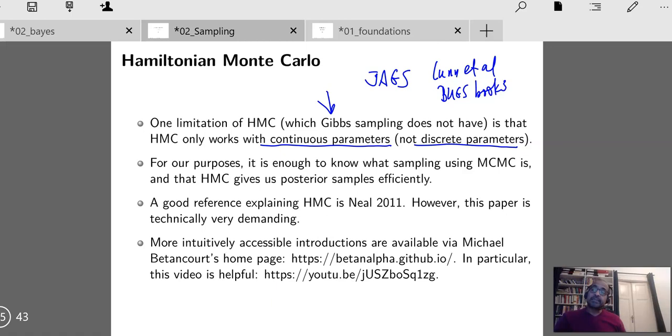But the big advantage with STAN over JAGS and over any kind of Gibbs sampling is that when you have very complex linear mixed models or hierarchical models, you're going to have a lot of parameters that you need to estimate, and Hamiltonian Monte Carlo will get you there much faster and more efficiently than Gibbs samplers. Gibbs samplers will not be able to give you estimates for all the parameters in finite time.